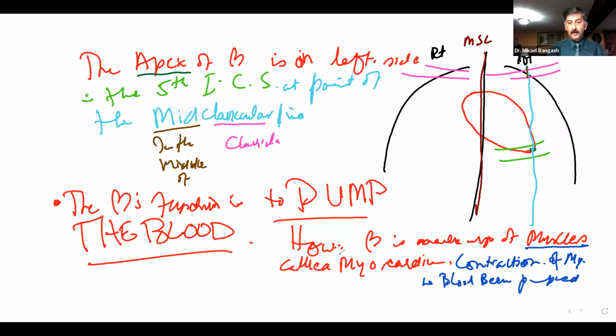Now, myocardium, just like any other muscle, has this specific characteristic: it is able to contract, and as a result of that contraction, followed by relaxation, and contraction again followed by relaxation, the heart is enabled to do its only job, which is to pump the blood.